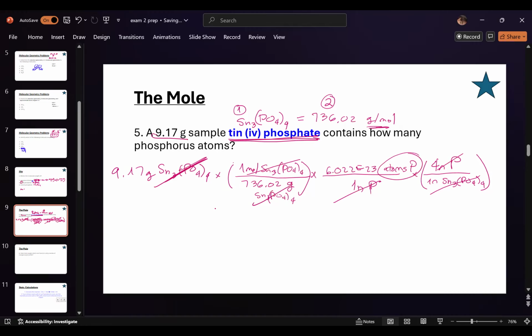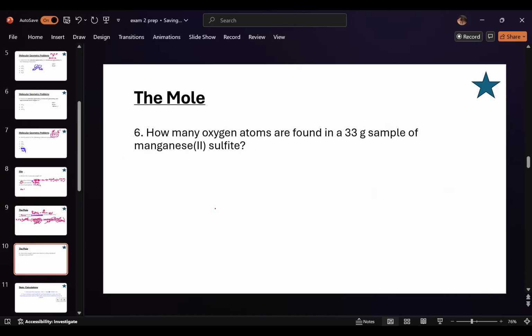I think I have another one of these that I can explain a little better. How many oxygen atoms are found in a sample of 33 grams of manganese 2 sulfite? Manganese 2 sulfite is Mn, not Mg. Mg is magnesium, Mn is manganese.